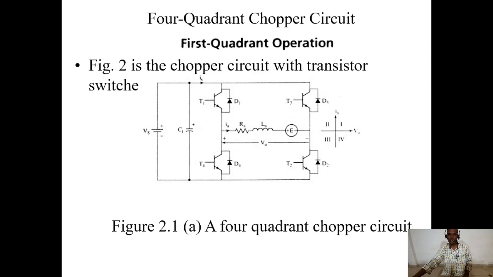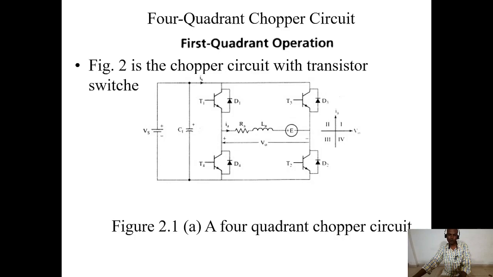This armature current IA always flows through the load RA, LA and induced EMF E. The output voltage across the load is represented by V0. Here we are using a capacitor C1 to control the proper voltage input to the transistor model.